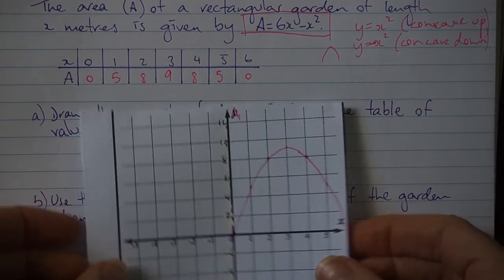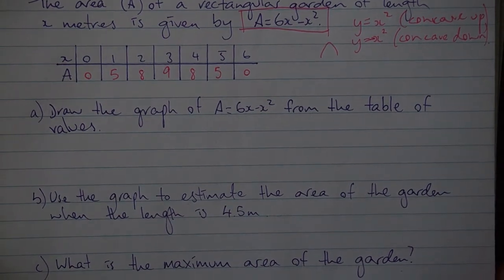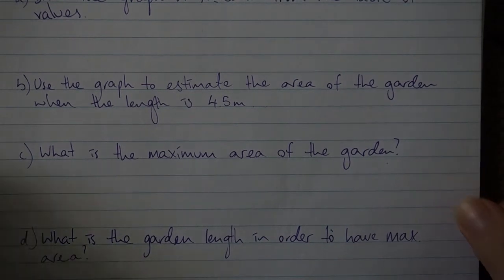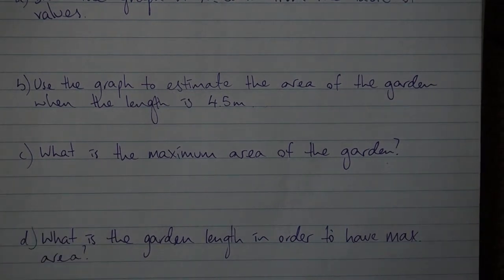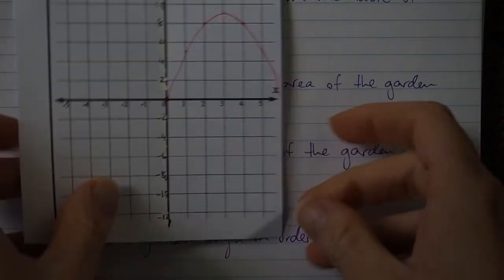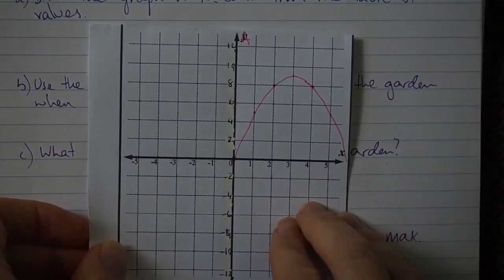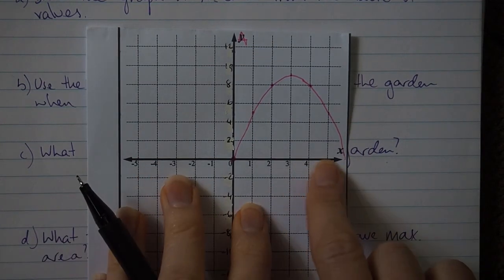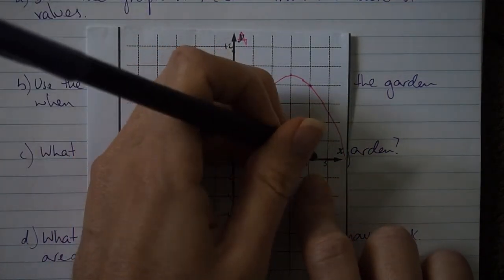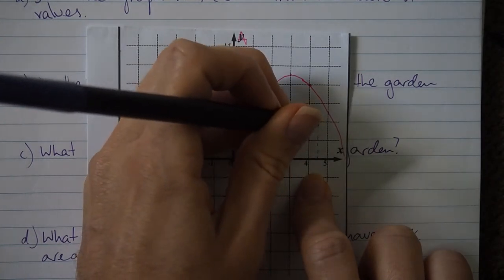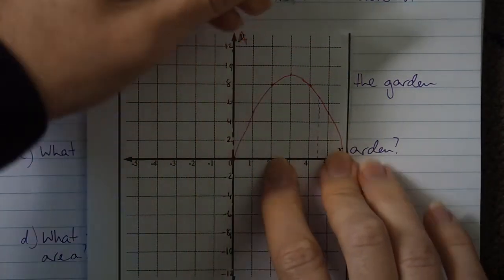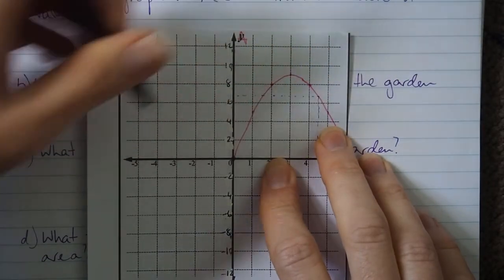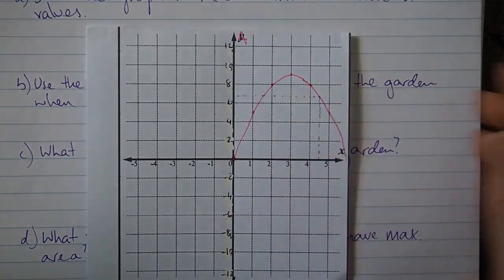So we'll just have a look at our next question, which is use the graph to estimate the area of the garden when the length is 4.5 meters. So we have our parabola here. When the length is 4.5 meters, it's going to be halfway between 4 and 5. So if we take that up to meet our graph and then take it across here, as we said, it's an estimate.